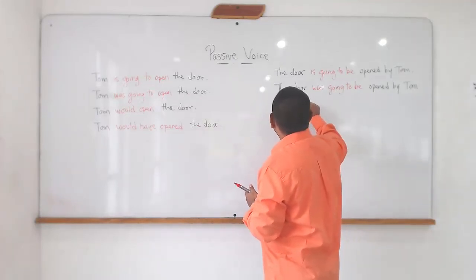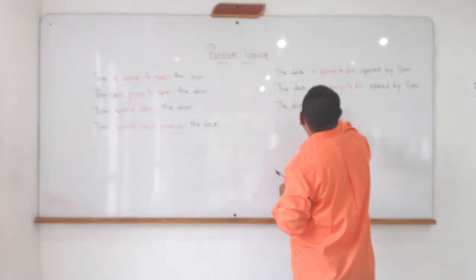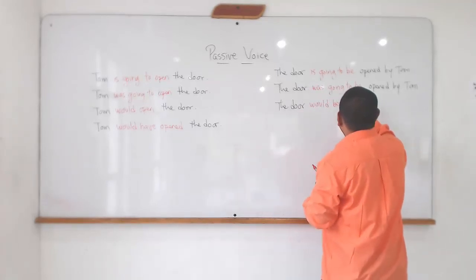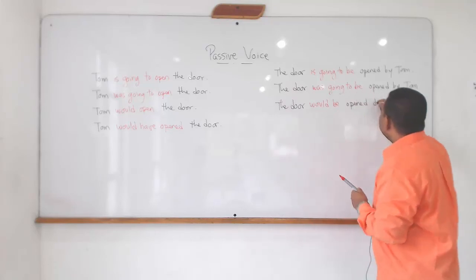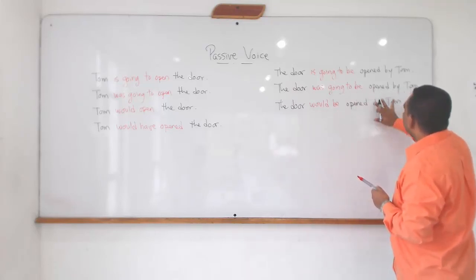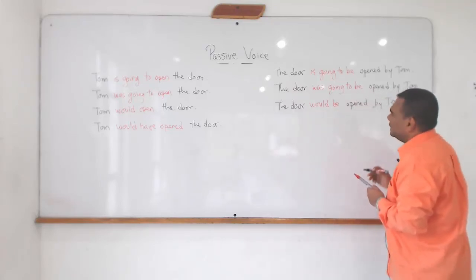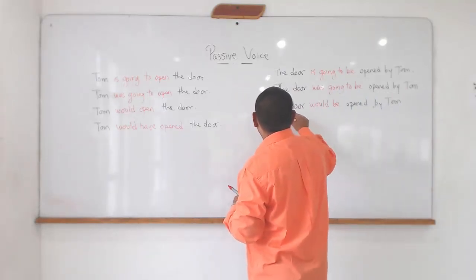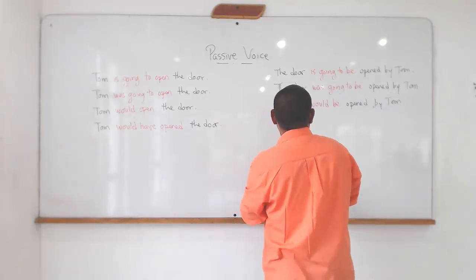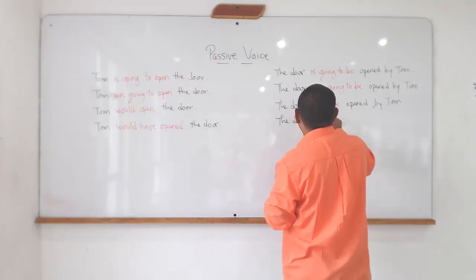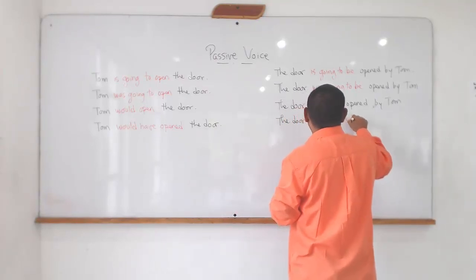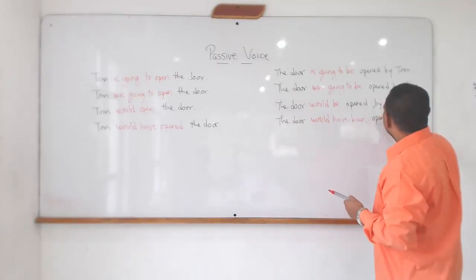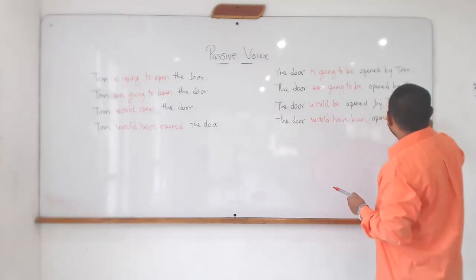The door would be opened by Tom. And finally, the conditional perfect. The door would have been opened by Tom.